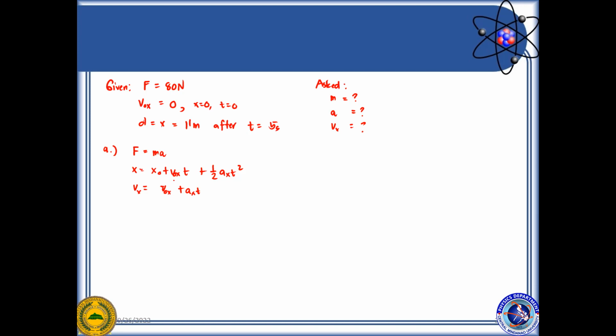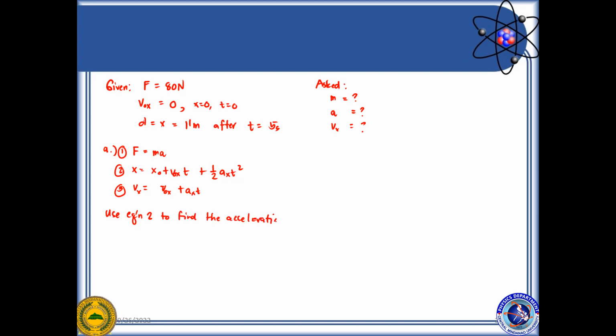First, in order to find the mass, we need to first find the acceleration. This is our equation 1, equation 2, and equation 3. We will use equation 2 first to find the acceleration.